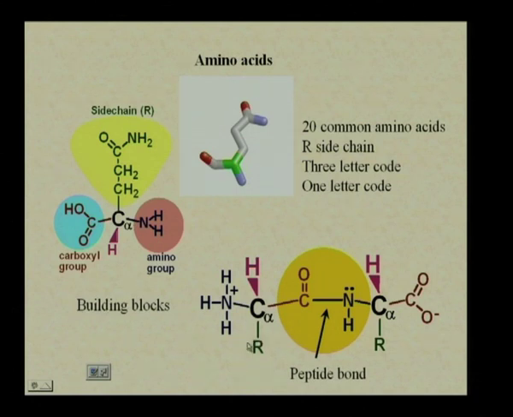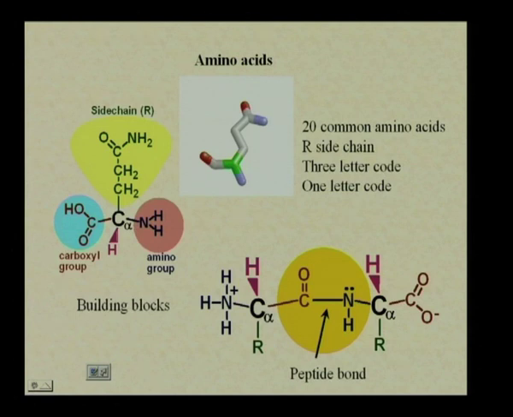So, this R group corresponds to the first amino acid of this dipeptide, and this R group corresponds to the second amino acid of the dipeptide, which means that in a polypeptide chain you always have the first amino acid begin with an amino terminus. It is never written any other way. You always have the first amino acid in a protein, in a polypeptide chain, as the amino terminus. It is always an NH2 terminus, and the carboxylic terminus is always the end of the protein chain.